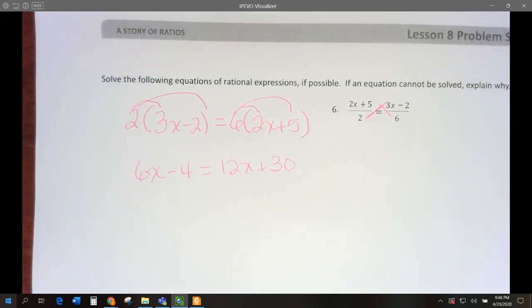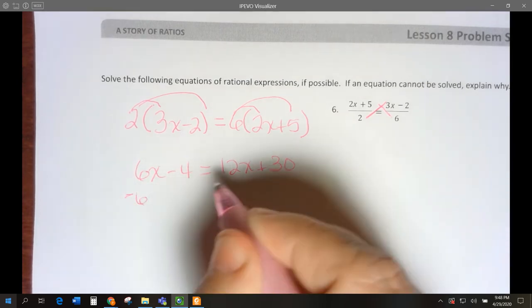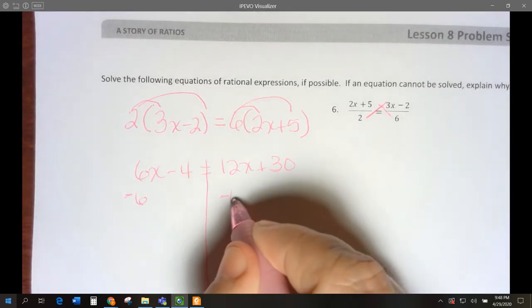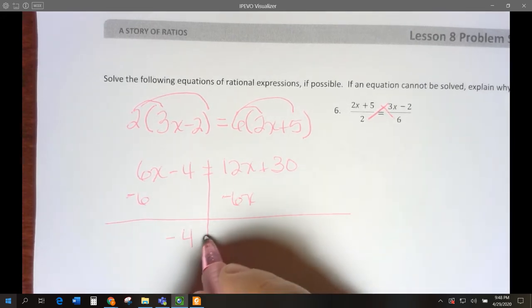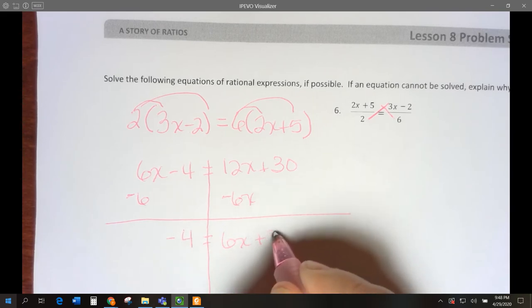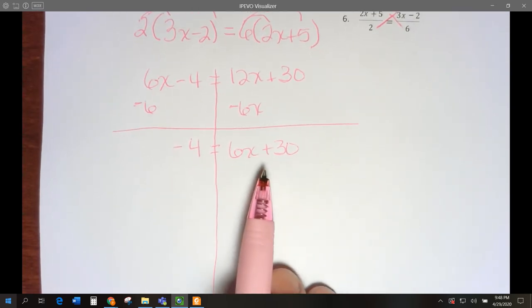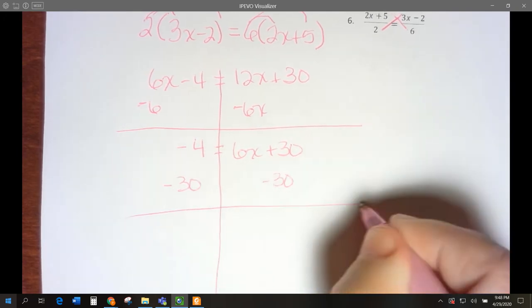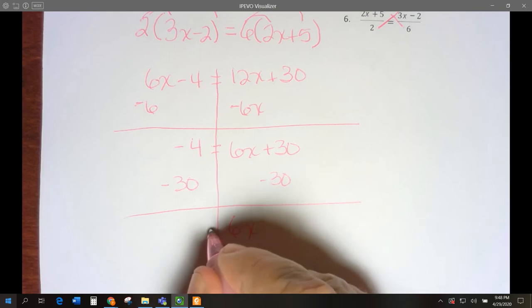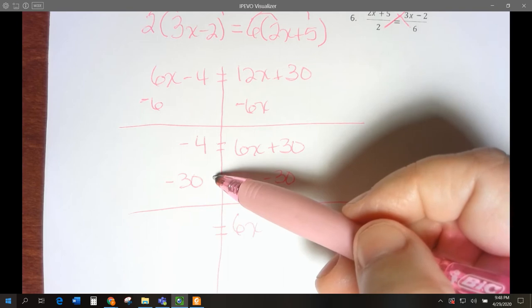Now we need to get variables on one side, so we get rid of the variable with the smallest coefficient, which would be 6. So we're going to subtract 6x on both sides. We're going to get negative 4 equals 6x plus 30. Now we need to get rid of our adding 30 by subtracting 30. So we get 6x equals, remember we have negative 4, we have 4 negatives, and we're getting 30 more negatives.